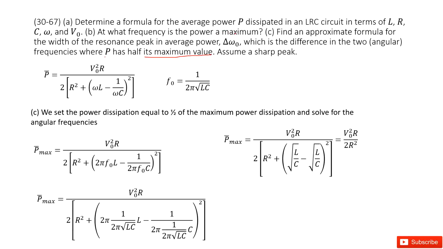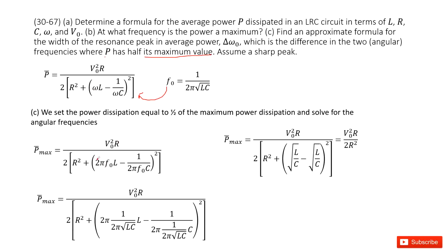So the power becomes maximum, right? In this case, we can input F0 into the average power equation to get the maximum power. As we talked about, omega is 2 pi F, and now F becomes F0, the resonant frequency.